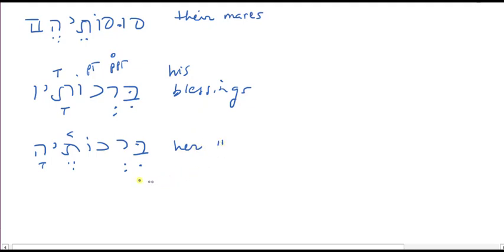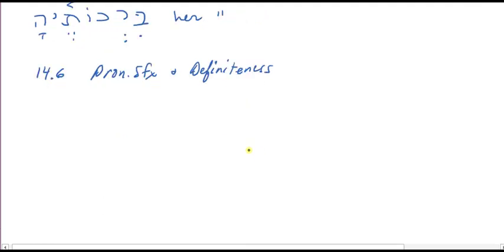So you can see how all that's going to go down by looking at the columns in your Ross textbook on page 116. In the last segment of the chapter, Ross deals with the issue of pronominal suffixes attached to nouns and the matter of definiteness. Remember, there are certain things that the definiteness of a noun requires in the syntax of Hebrew sentences. That is to say, when nouns are definite and they're modified by an attributive adjective, the noun will have the article, and the adjective that modifies it attributively will follow the noun and also have the article.